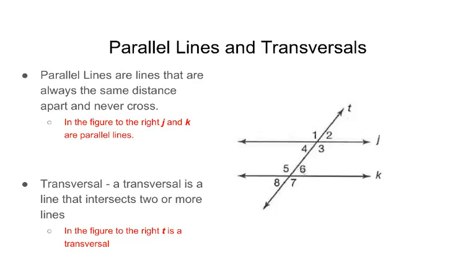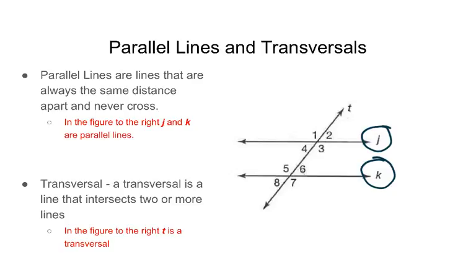I know probably back in elementary school or over at Lincoln, when you were talking about parallel lines, you talked about train tracks because train tracks are always the same distance apart and they never cross. So when you look at this figure on the side here, J and K are parallel lines. They never cross.